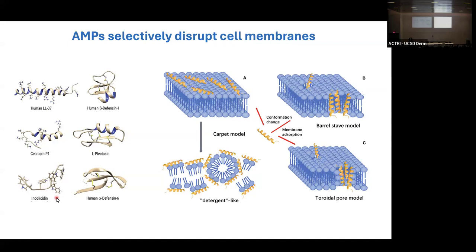Instead, they have special properties that allow their interaction with the membrane to change the membrane. And when they're interacting with a fungus or a virus or a bacterium, that interaction can kill the organism or at least stop it from growing. But as you'll hear later, that interaction can also do other things with other membranes. So it's a broad, very complicated membrane active interaction that we're just starting to learn more about.